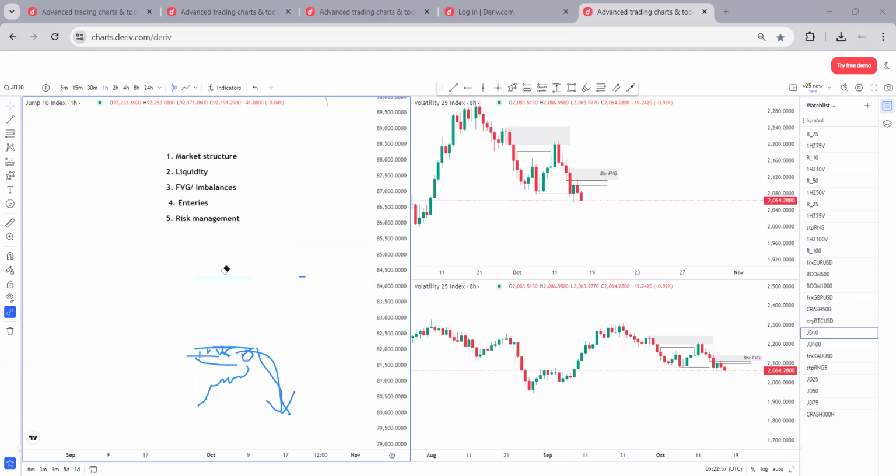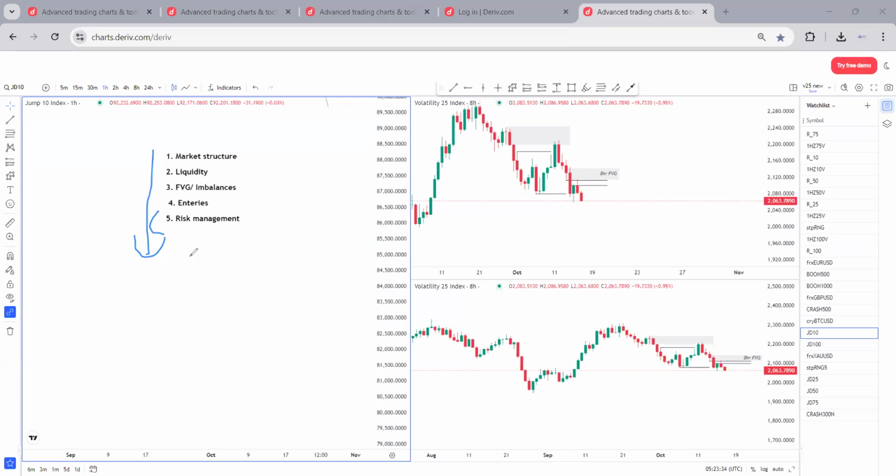So this is not supposed to be a deep explanation of these points, but just to give you a roadmap, something to guide you on your trading journey, right?